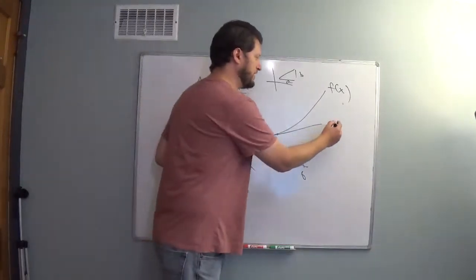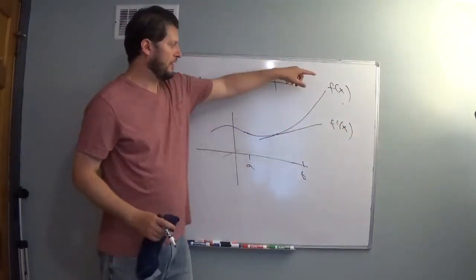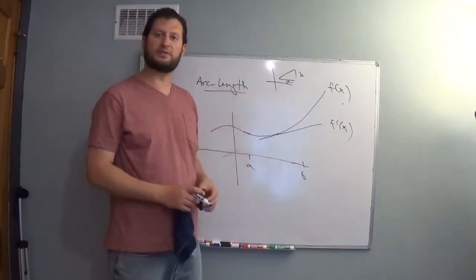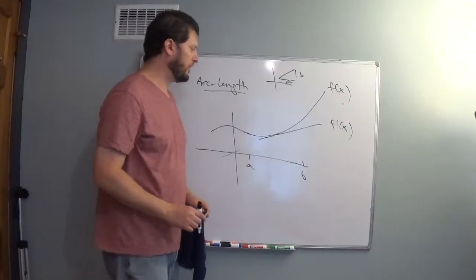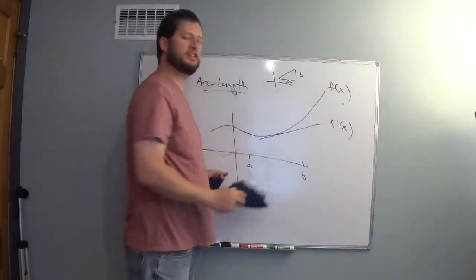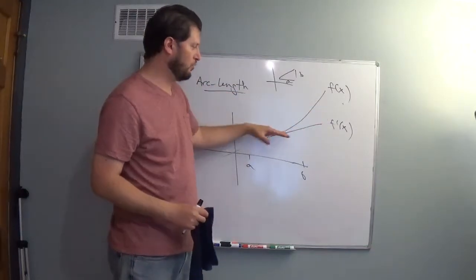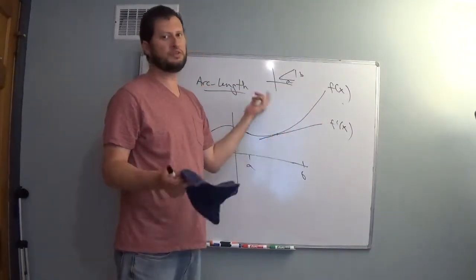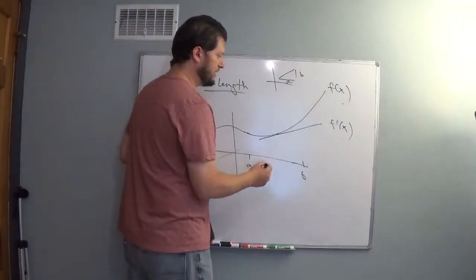So if this is the tangent line, f prime at x, the curve is very well approximated by its tangent line for a small region. And so that's what we're going to do. We're going to zoom in right to this spot and say that the curve is the tangent line. Now it's pulled away pretty far here, but if we zoomed in very, very close, we would see almost no difference between the two.